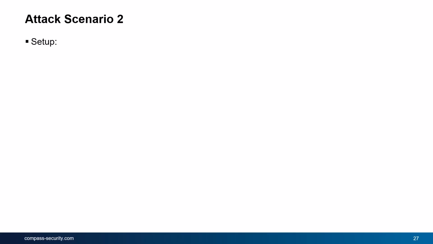Now let's look at a second abuse or attack scenario that starts a bit differently. We as an attacker have control over one specific account, in our case SVC IIS. That means we might have the credentials available for this account or the Kerberos key material, something like that.